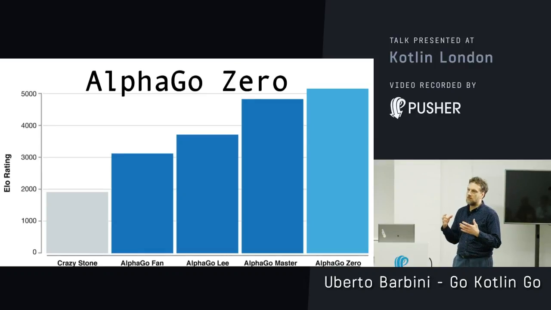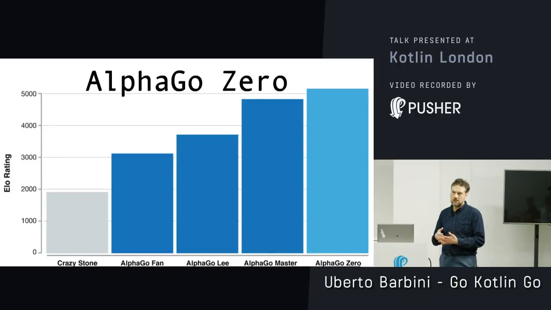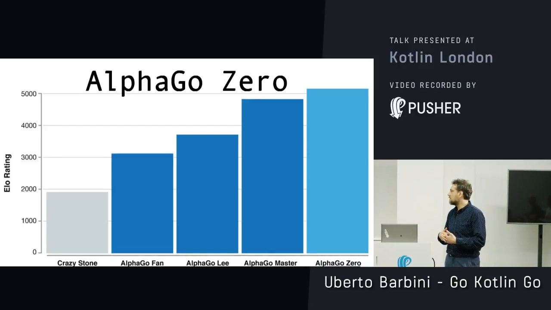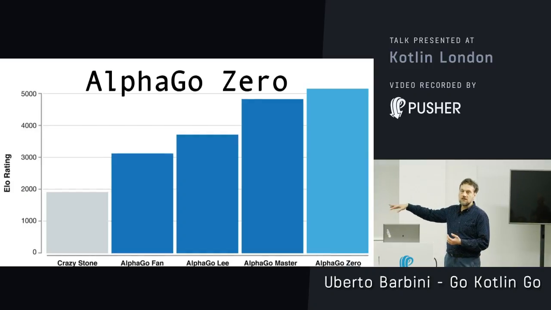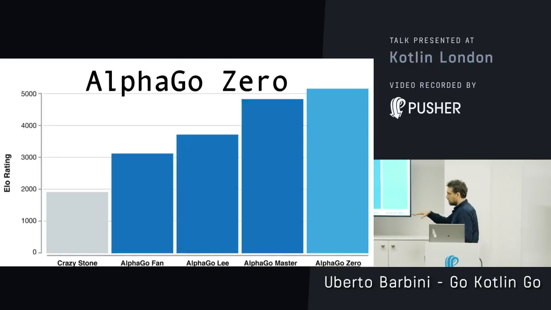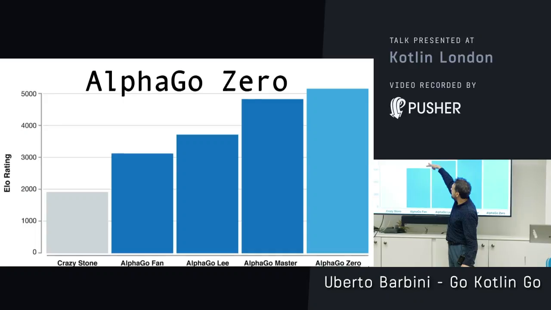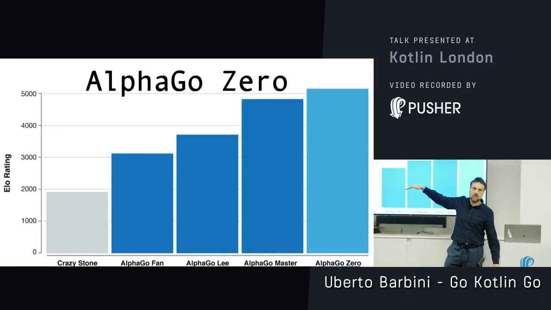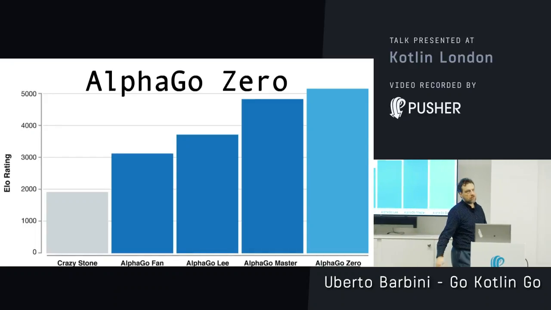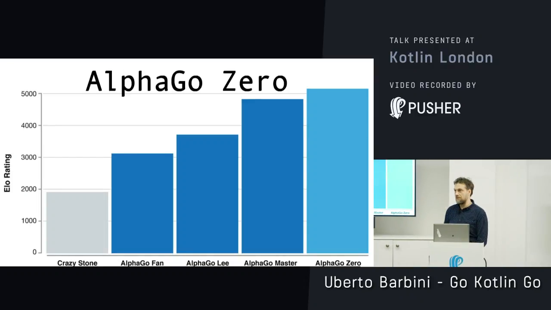AlphaGo was used on Go, and then they applied it also to several other games. And you can see Crazy Stone is the strongest commercial Go software. More or less in this area, a bit above 3,000 is the level of the champion.